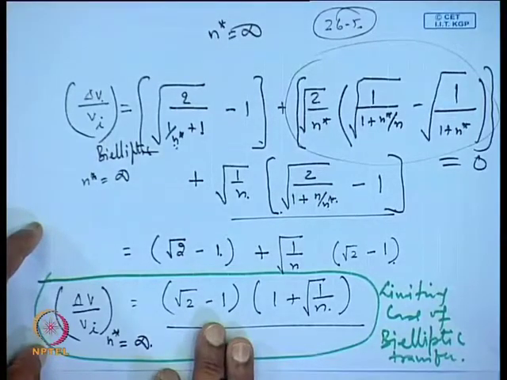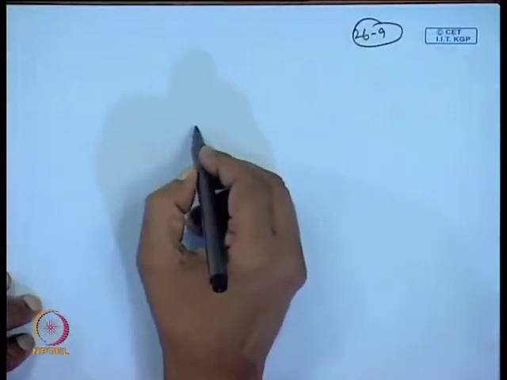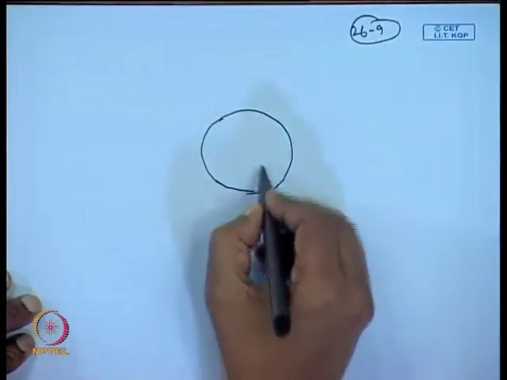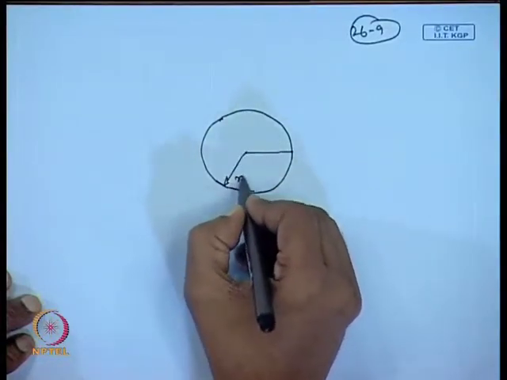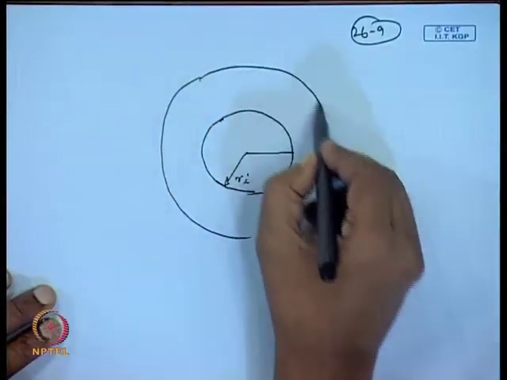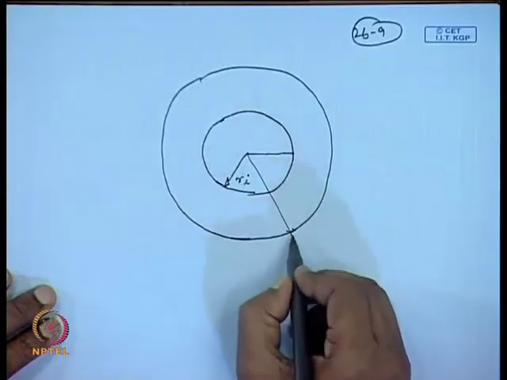So, this equation can be derived alternatively. So, in the bielliptic transfer what we have done, this is the initial orbit given whose radius is R I, and this is the final orbit given whose radius is R f.